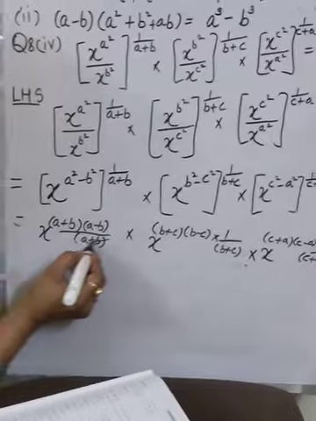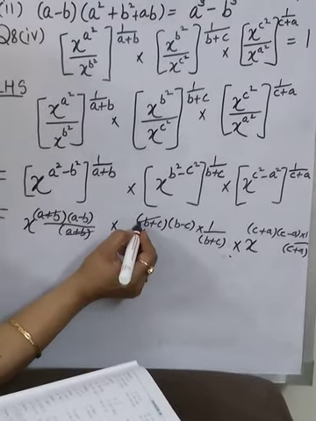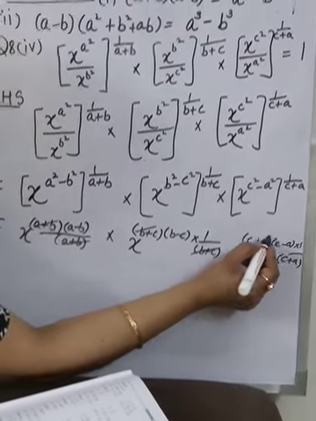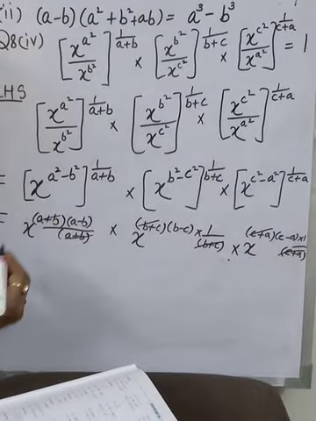So we find a plus b and a plus b get cancelled, b plus c and b plus c get cancelled, c plus a and c plus a get cancelled.